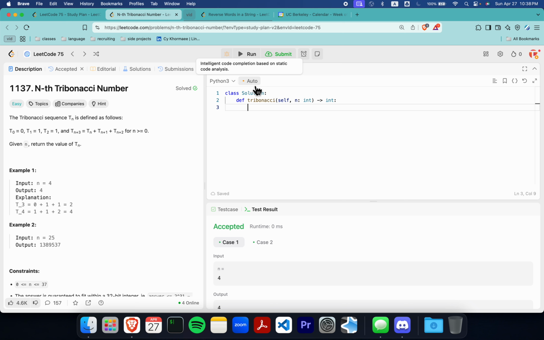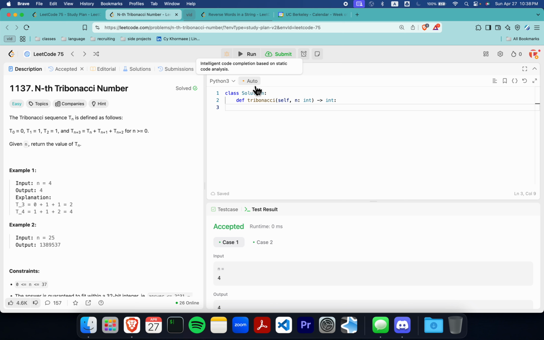So with the tabulation, we have O of n time complexity, n being the input number we're given, since it goes up to that amount to calculate all of the Tribonacci numbers. But it's O of n space complexity as well, since we have to store up to n values, since we have to compute all the way up to T sub n.